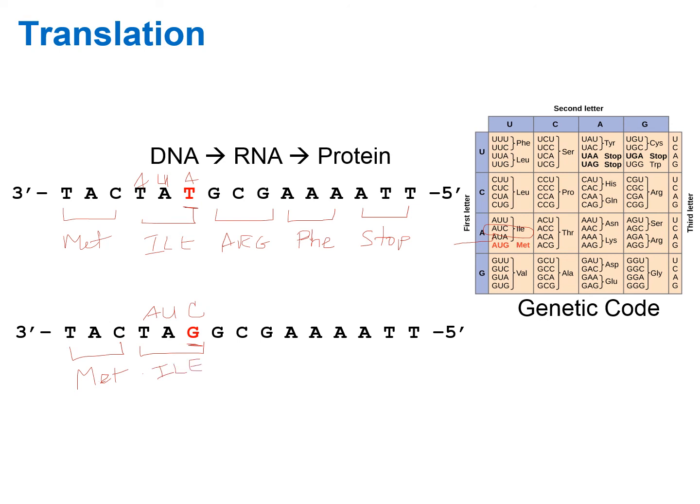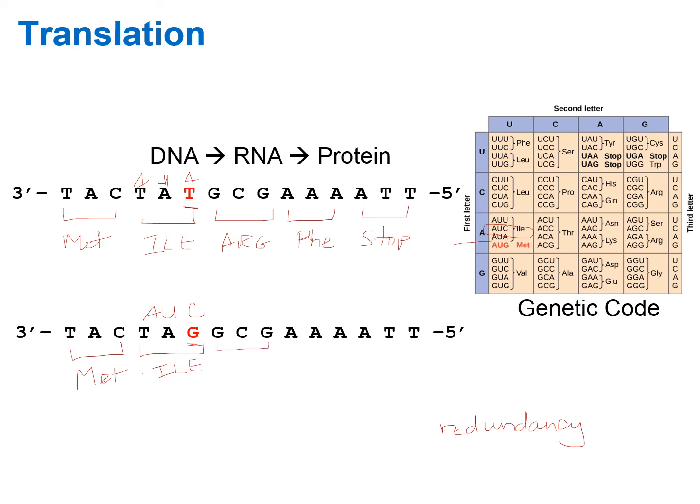We say that the genetic code has redundancy because more than one codon is assigned to pretty much all amino acids. I think methionine is one of the few exceptions. There's only one sequence for that, but pretty much every other amino acid has at least two codons that it corresponds to.